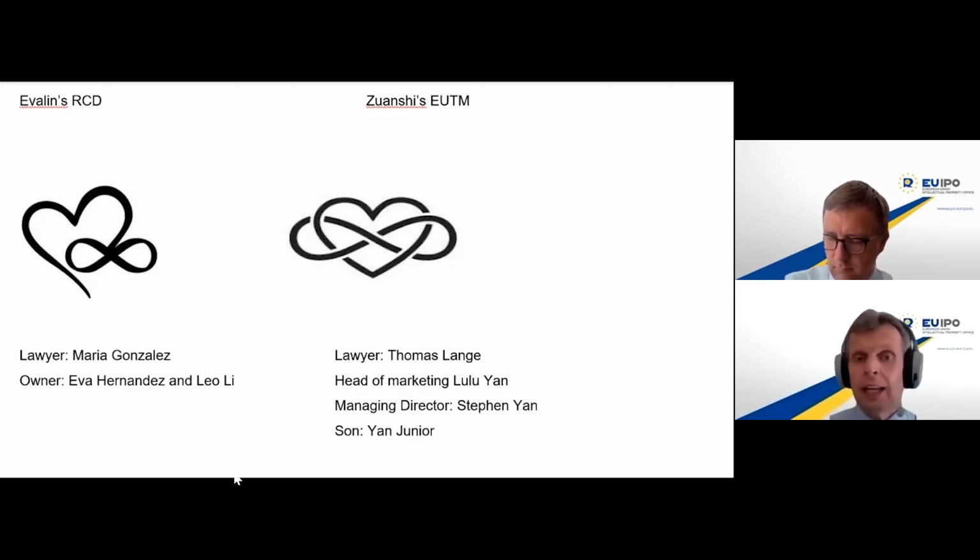It also claims bad faith, that the filing of the registered community design was actually done in bad faith. Okay, so that's where we are at the moment. And as Sven said, there's some confidential information which adds to that, which will tell you the role of the lawyers and the owners and all the other people that are listed on this sheet here.